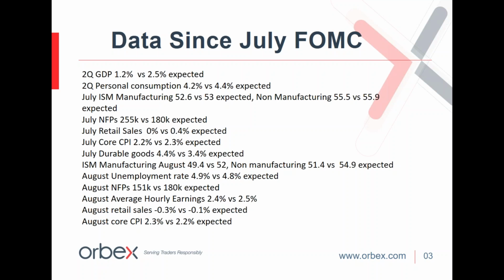Again, August retail sales just highlighting that weakness, printing minus 0.3% versus minus 0.1% expected, before finally we ended on a slight positive note with August core CPI printing 2.3% versus 2.2% expected.